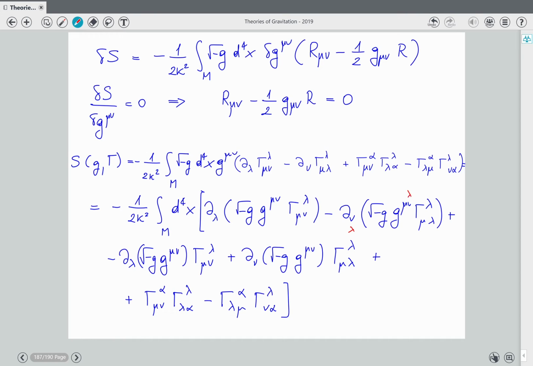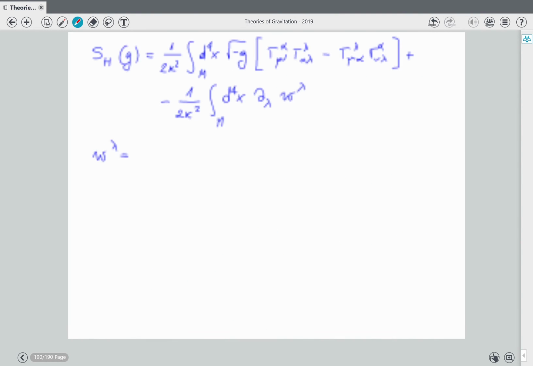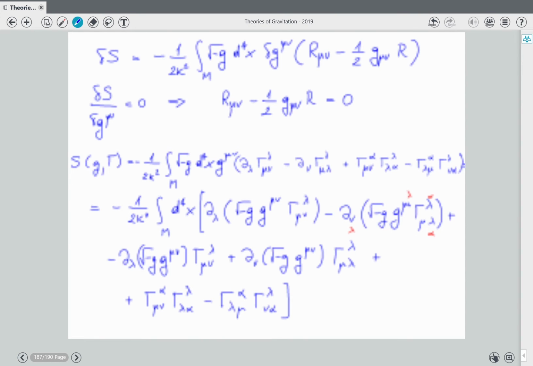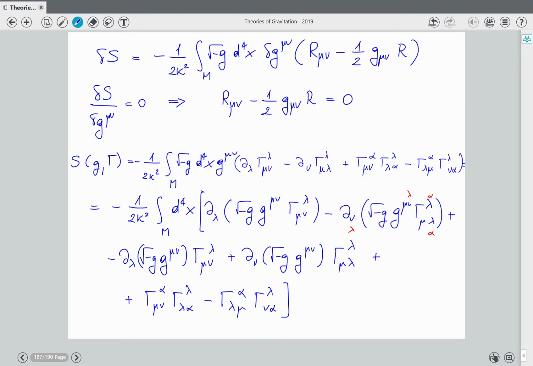So nu will be lambda, and alpha lambda will be called something else. So square root of minus g, g mu nu with upper indices, I guess. Guess so, let's check. Yes, minus square root of minus g, g mu lambda gamma alpha, gamma mu alpha alpha.